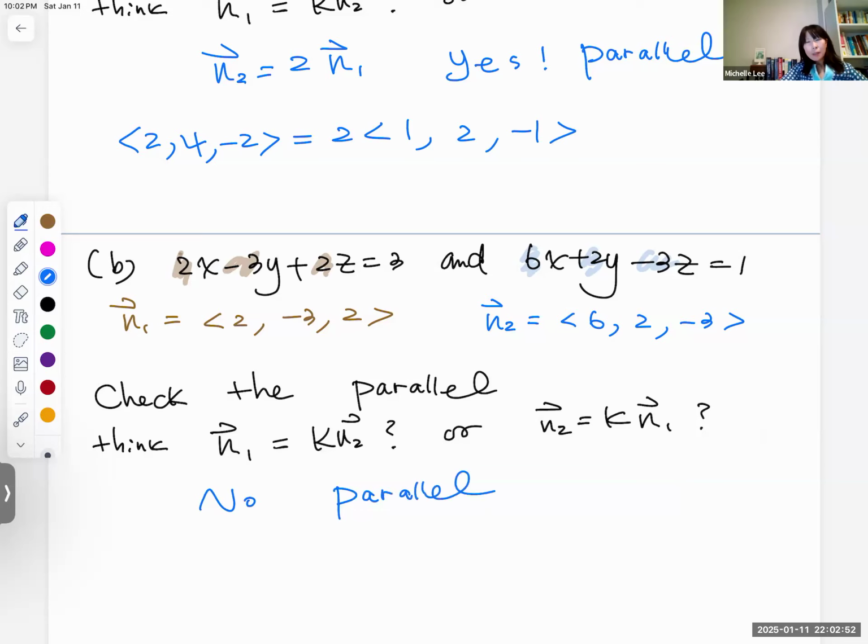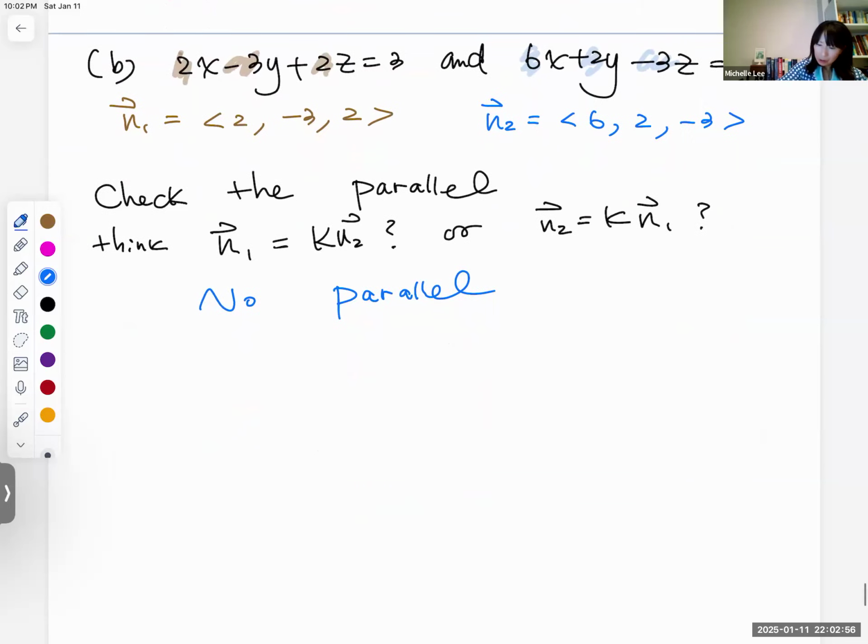All right, then let's check for orthogonal. How do we check for orthogonal?